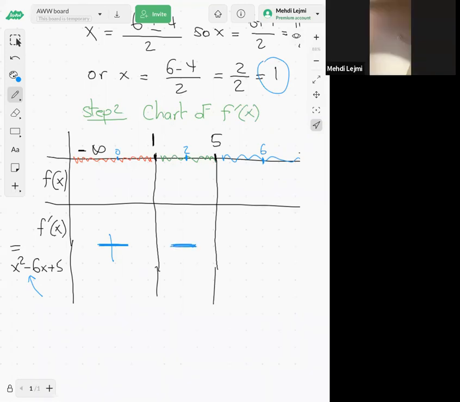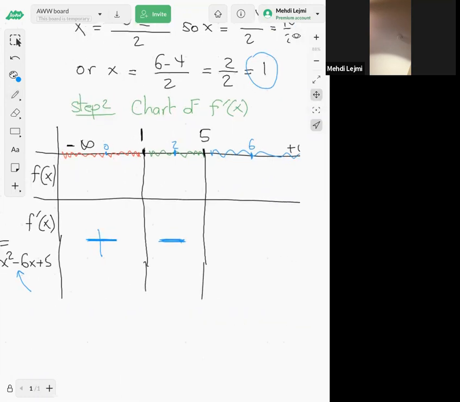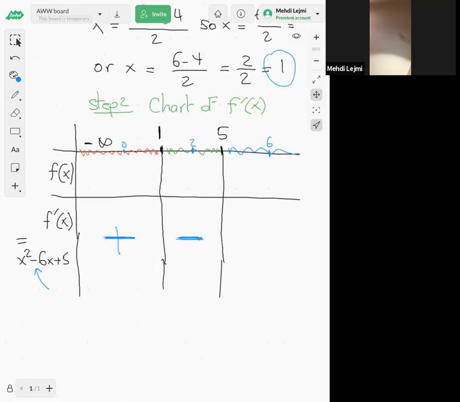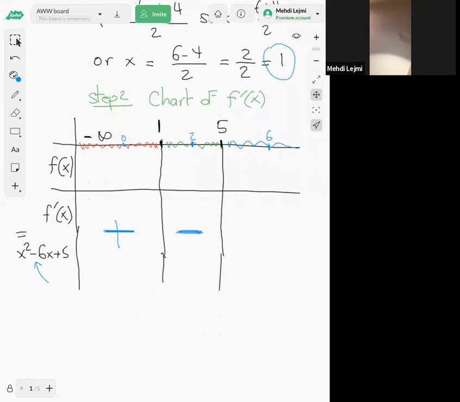All right. And then a third interval, I picked 6. So I'm going to plug 6 in f prime of x. So 6 squared, 36. Minus 6 times 6, that's also 36. So 36 minus 36 is 0 plus 5. So it's going to be positive. So here in the third interval, it's going to be positive.